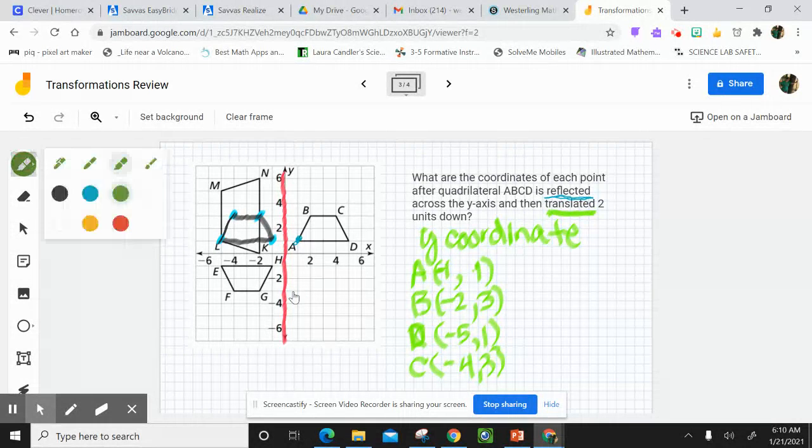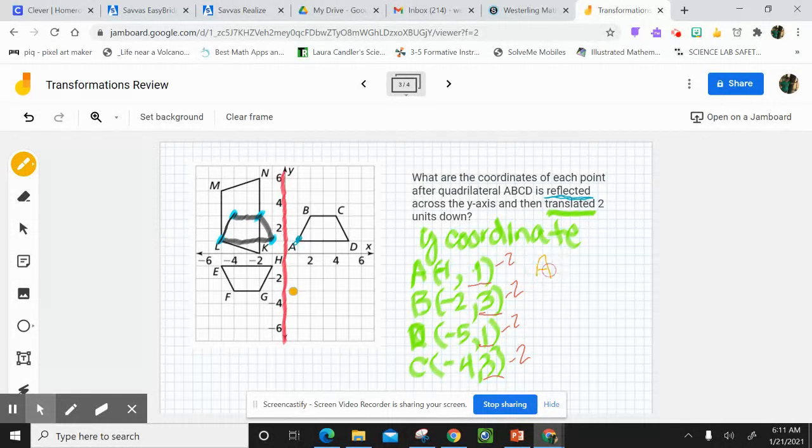I'm going to focus in on those y coordinates right here. So 1, 3, 1, 3. And I'm translating 2 units down, so I'm going to subtract 2. That's my rule for each one. So my new shape, A prime, B prime, C prime, D prime. My coordinates will be A prime at -1, -1, because I'm subtracting 2.